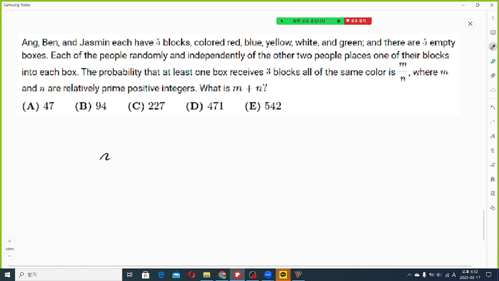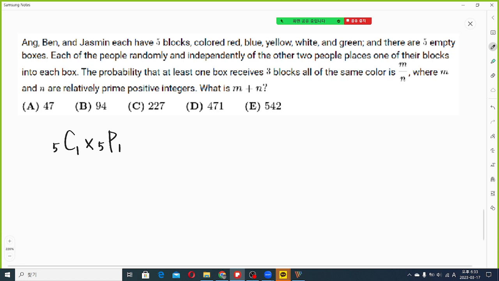C means combination in this case. And then we put this color into one of the five boxes, so the number of cases for choosing the box is 5P1. We assume these boxes are different.